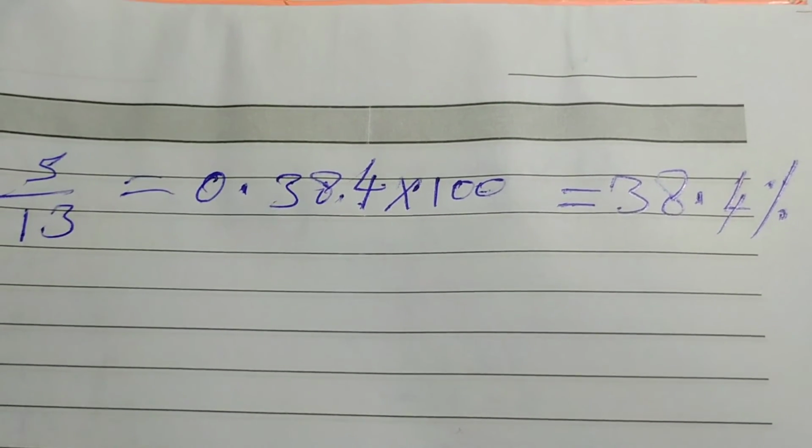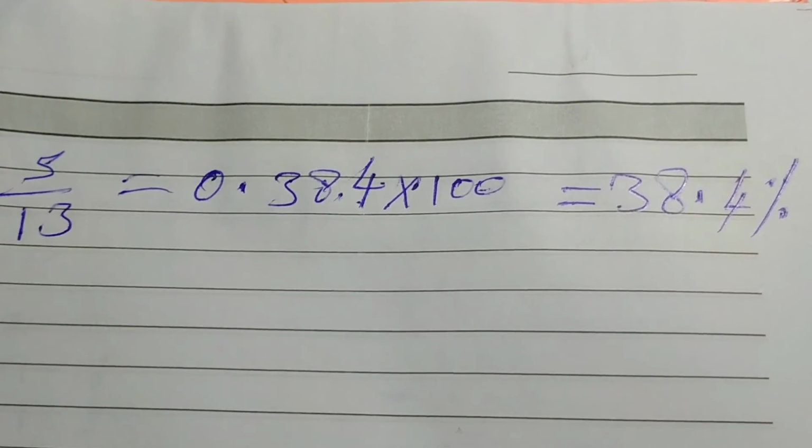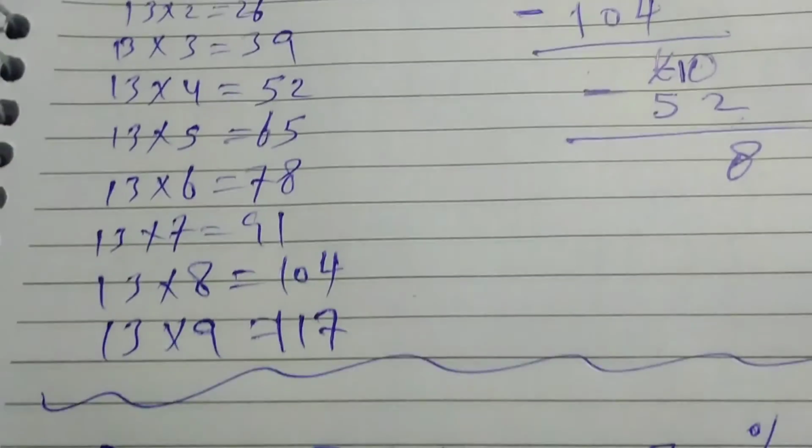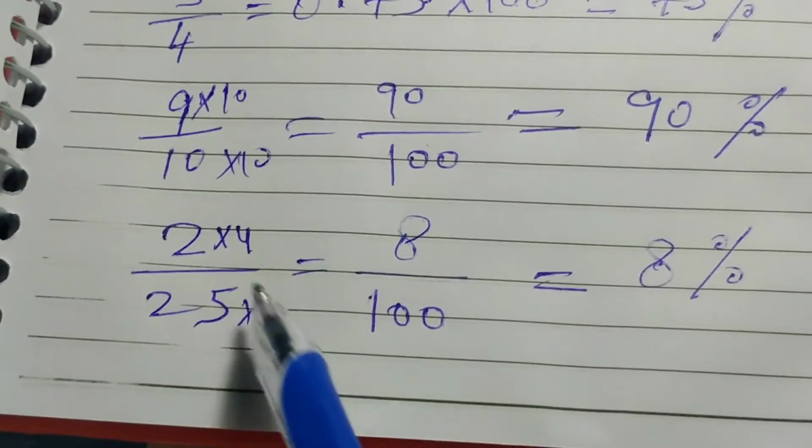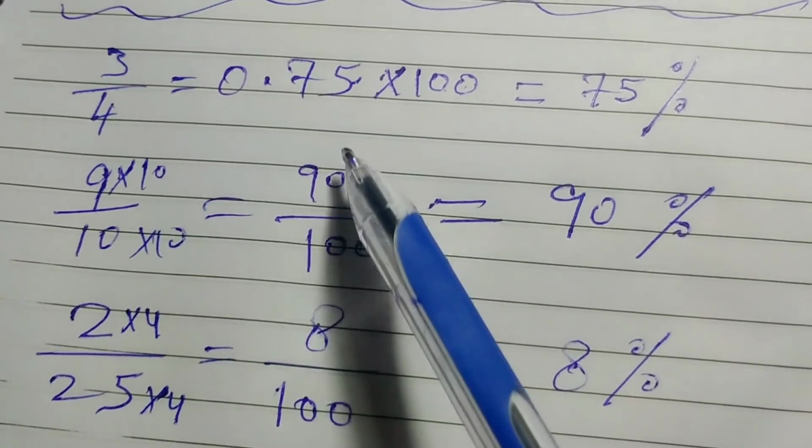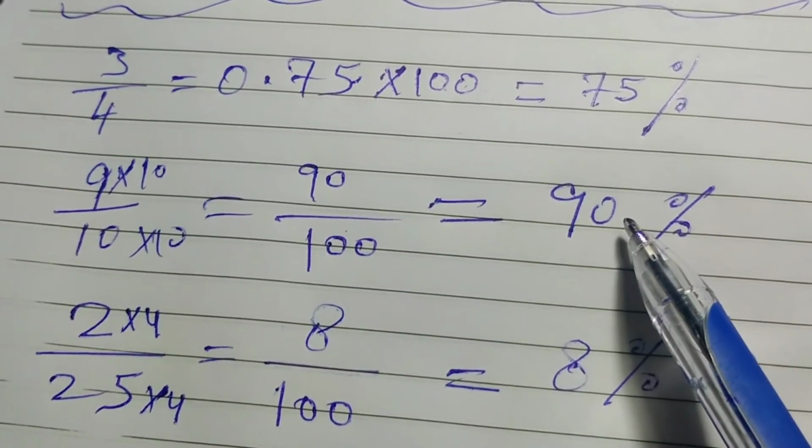So as I told you, there are two techniques. First of all we will try to make the denominator 100. If the denominator is 100, the numerator will be your percentage.